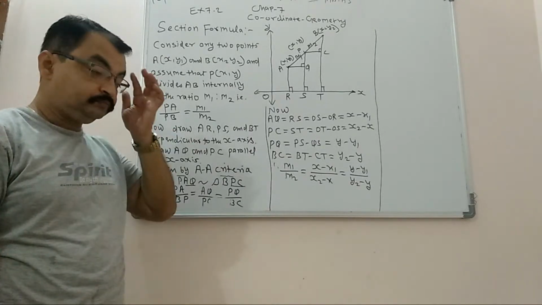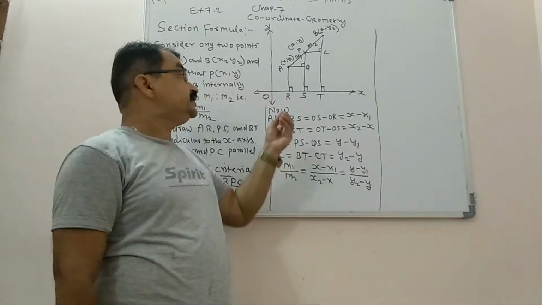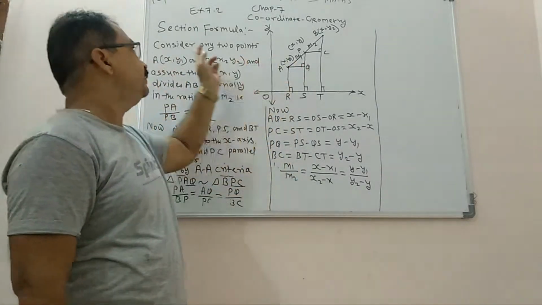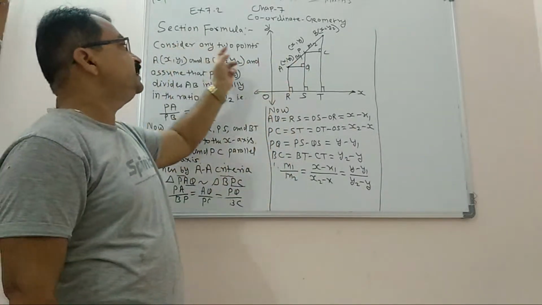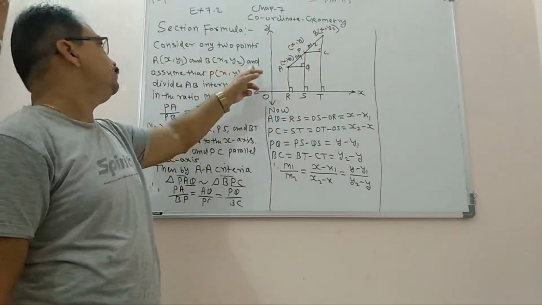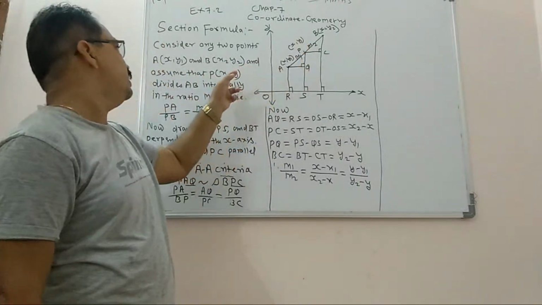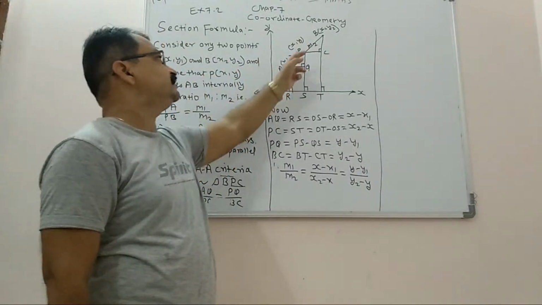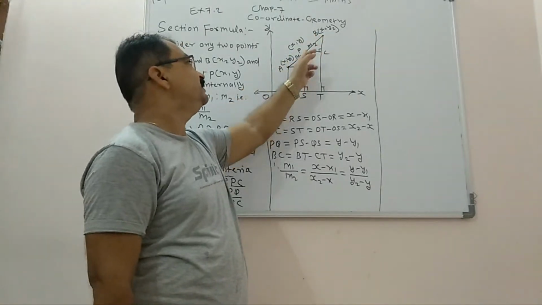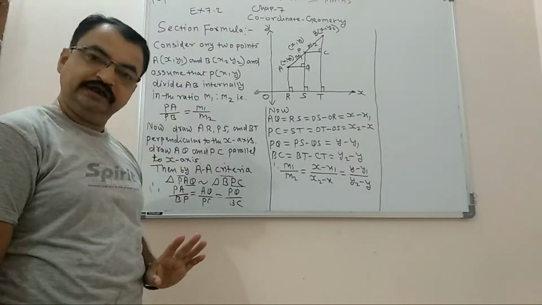Okay, so see, whatever I just explained, I have written over here. We consider any two points A as x1, y1 and B as x2, y2, and assume the third point P as (x, y) divides the line segment AB internally in the ratio M1 is to M2. Clear, children?